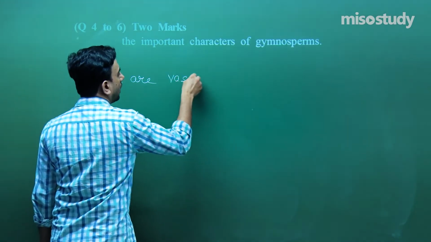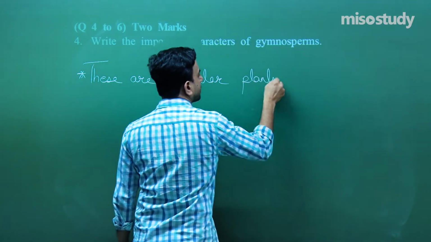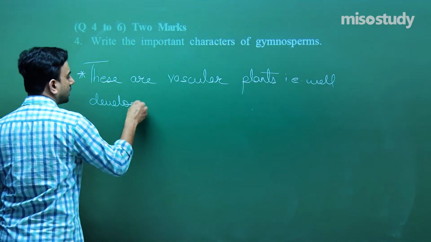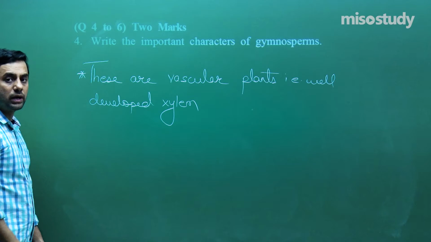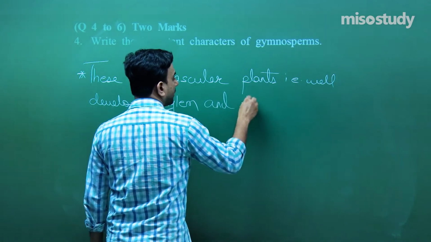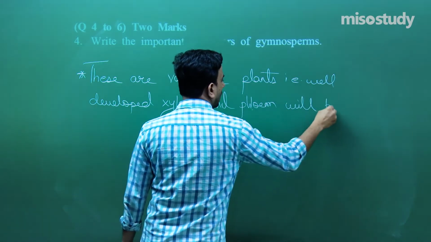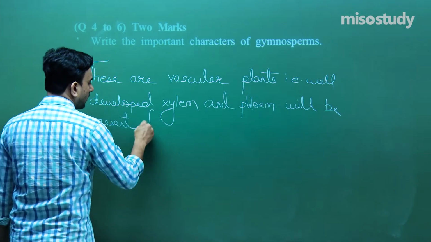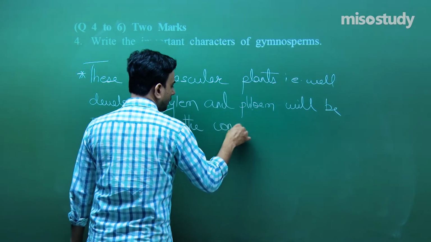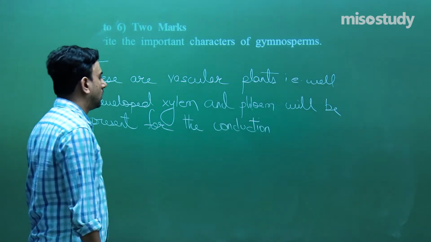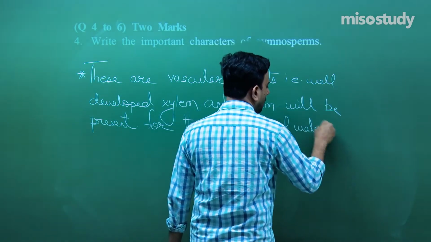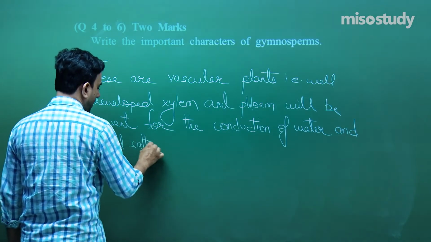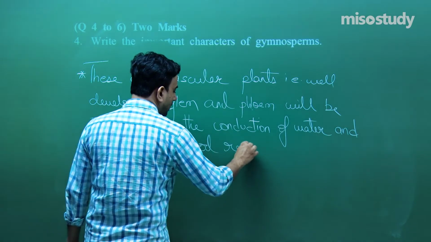These are vascular plants, that is, well developed xylem and phloem will be present for the conduction of water and mineral salts and food respectively.